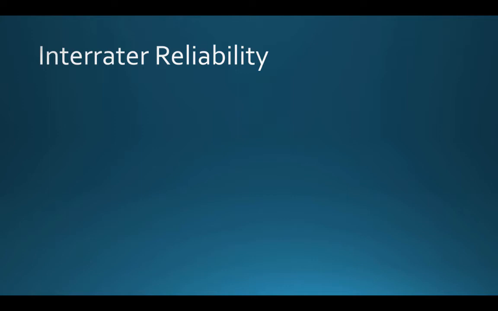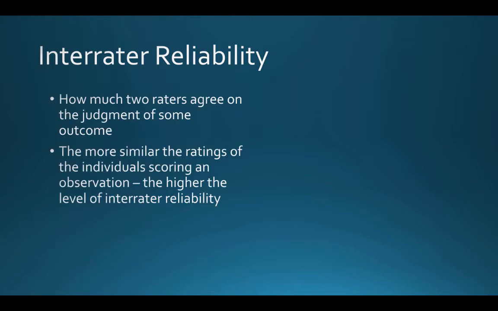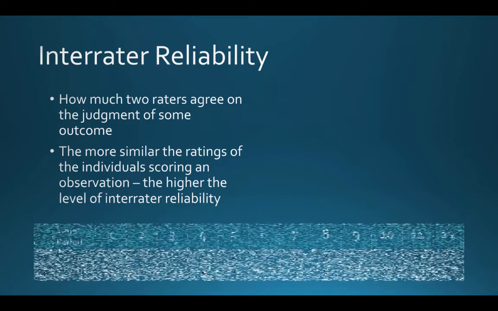So with that being said, let's move forward to inter-rater reliability. So this is how much two raters agree on the judgment of some outcome. So again, two people are watching, maybe watching TV, and they're making a note every time the audience laughs. Well, every time the audience doesn't laugh, they leave it blank. So the more similar the ratings of these individuals, the higher the level of inter-rater reliability.